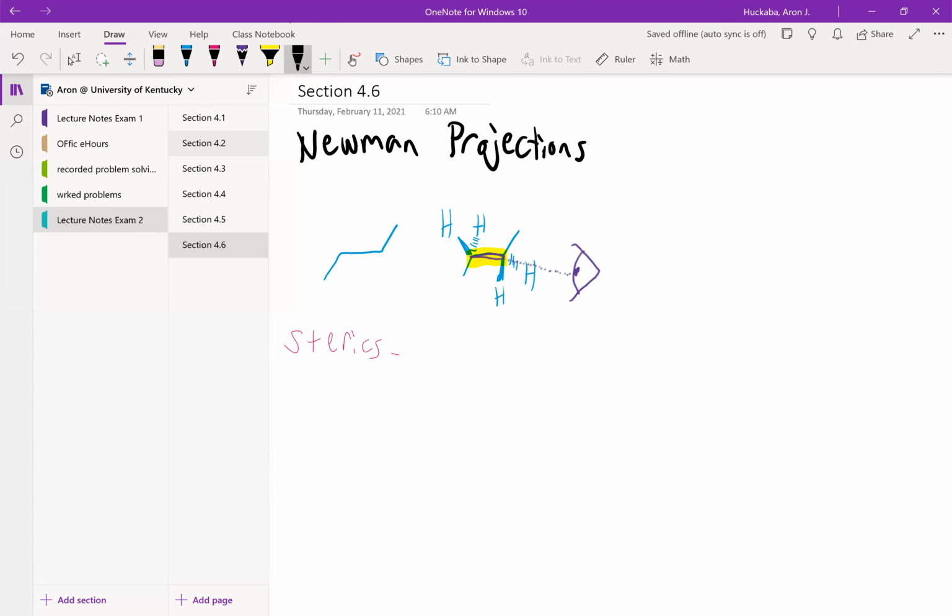And so to draw that, we imagine that this circle is the area right around the carbon, and then we draw each of the substituents on that carbon. So up here first is the CH3, and then down here the hydrogen on the dash, and here is the hydrogen on the wedge.